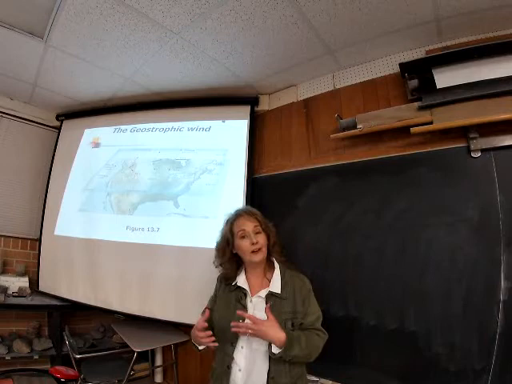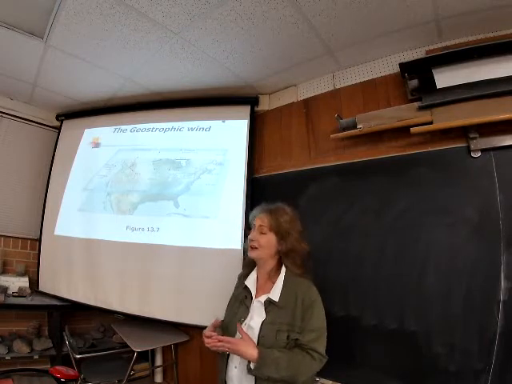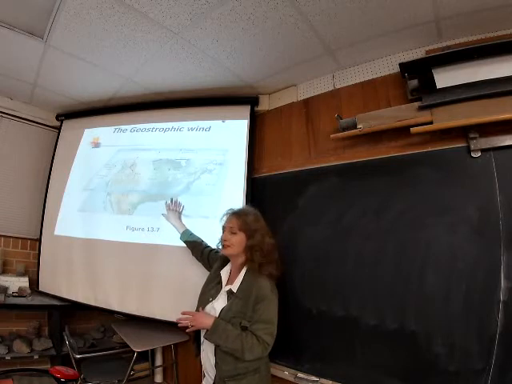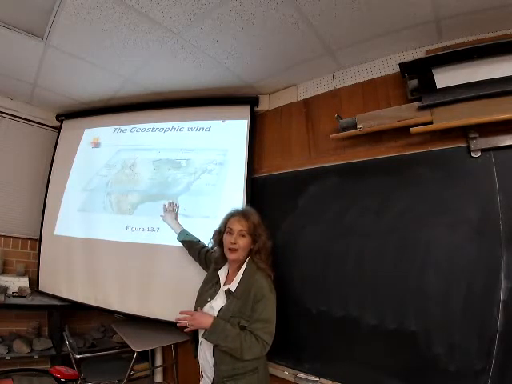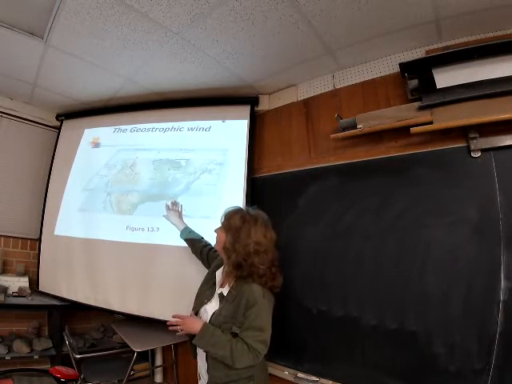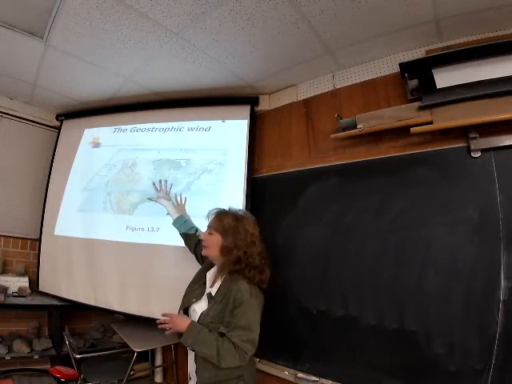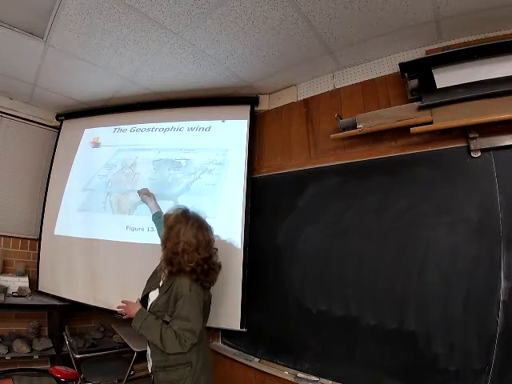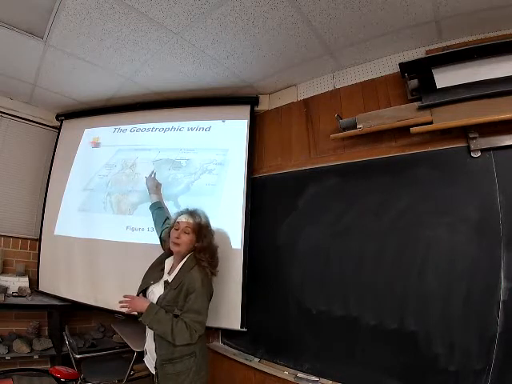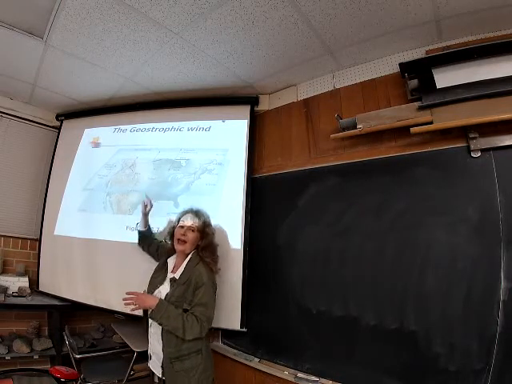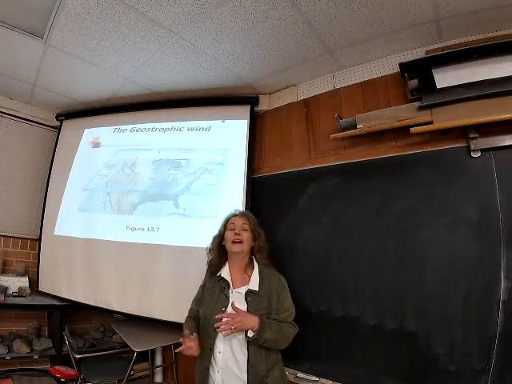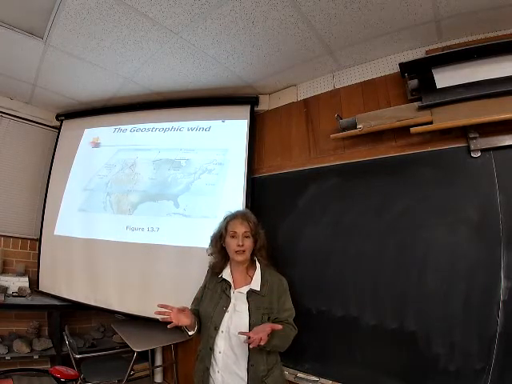Okay, then the Coriolis effect comes into play. Remember, we're looking at the northern hemisphere because this is the United States on the ground map down here. But up above, the upper level wind, that Coriolis force is the black arrow. And so that's always going to want to veer your wind towards the right.